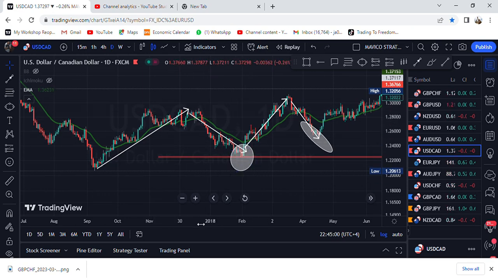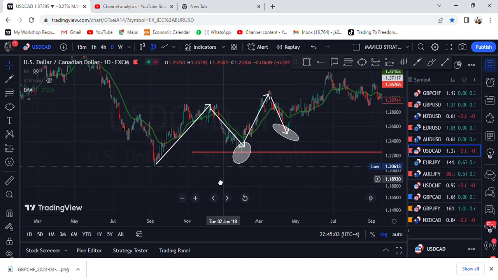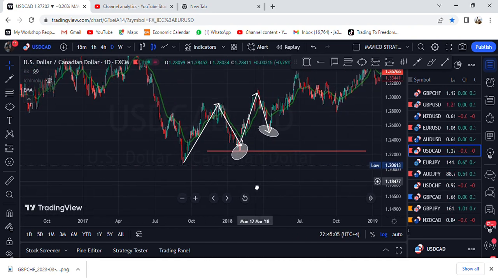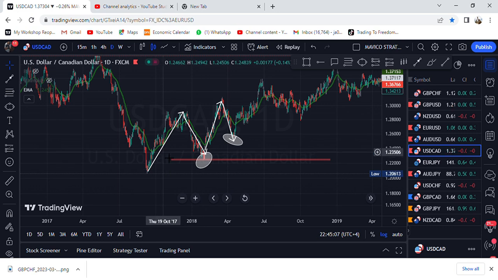But me, when I'm looking at the bigger picture, when I zoom out like this, I just look at the bigger picture. I look at the structure and price action. So now, most importantly, it's the structure. When I look at the structure and the market was still at this level down here, then I know it's time for me to start looking for a buy.